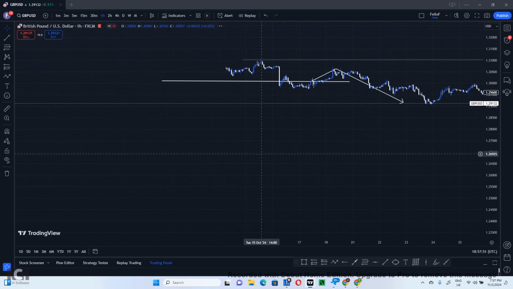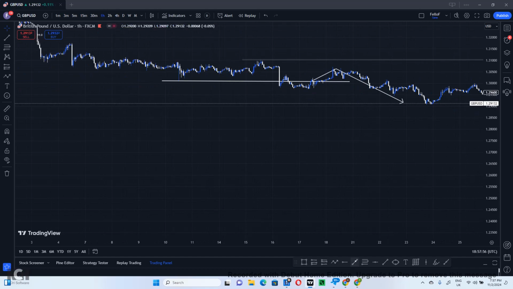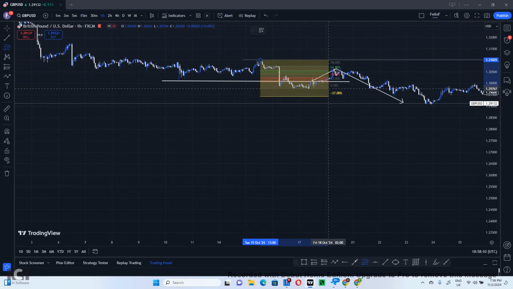The first is my Fibonacci. I take it and place it from the previous high to the most recent low, and I draw it all the way back. This is the lowest point price ever went to.